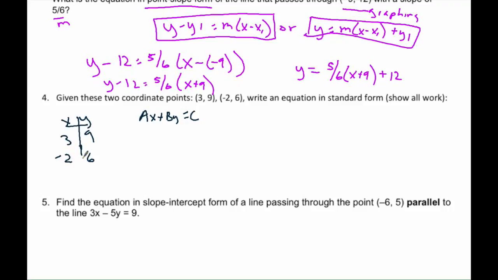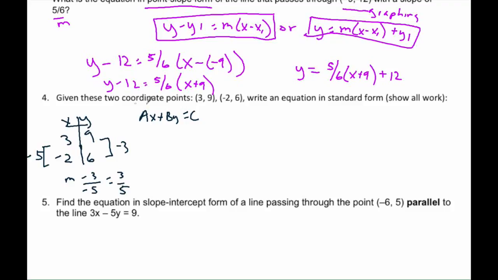And the change here from 9 to 6 is minus 3. And the change from 3 to negative 2, well, 3 to 0 is minus 3, plus another, down another 2, that's minus 2. So that's going to be negative 5. So my slope is negative 3 over negative 5, which becomes 3/5.